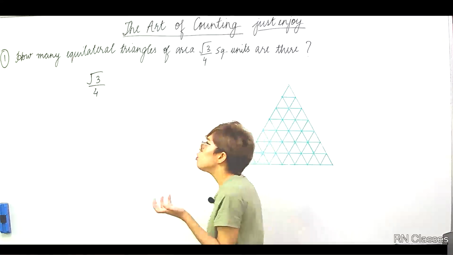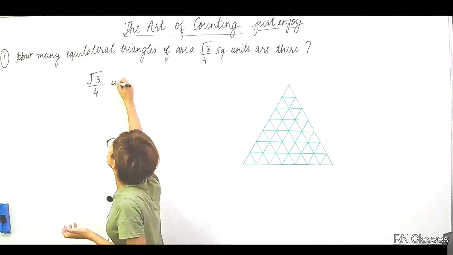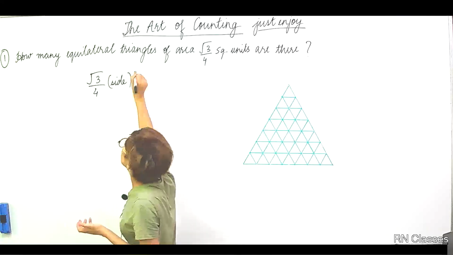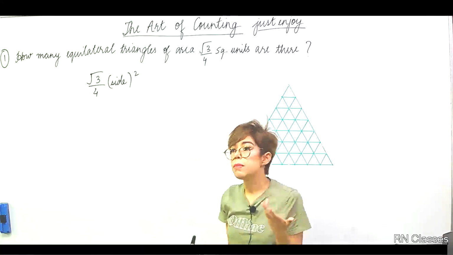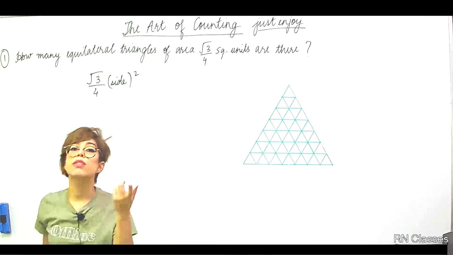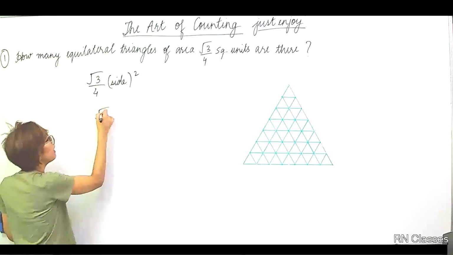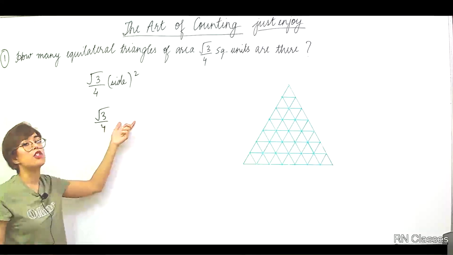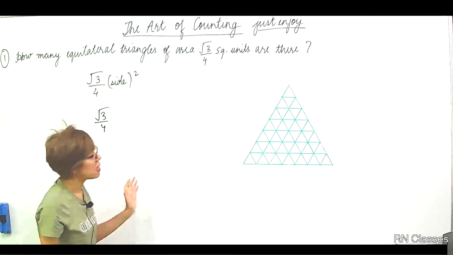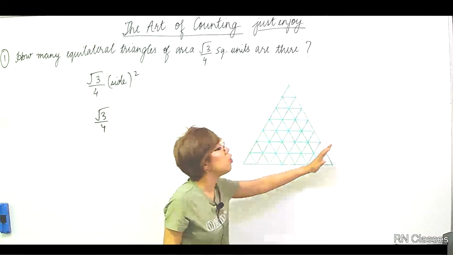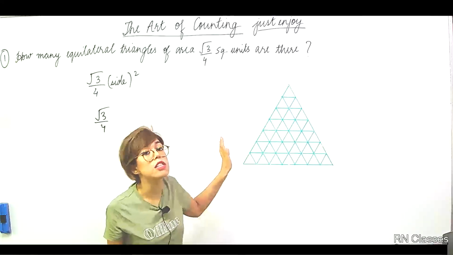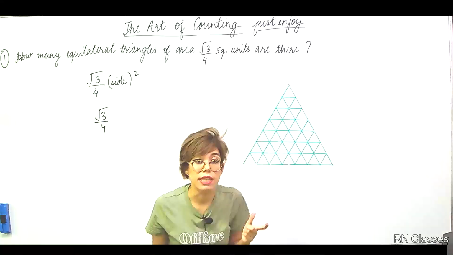That will be √3/4 side square, right? But now he is asking me, I need an equilateral triangle whose area is √3/4. That means the side has to be 1, right? So in this figure, you need to look for the equilateral triangles with side as 1 unit.